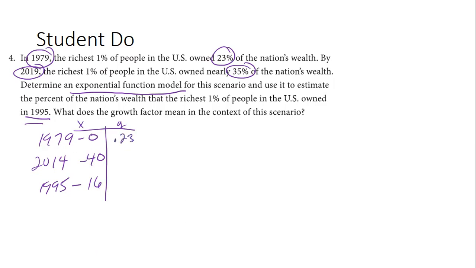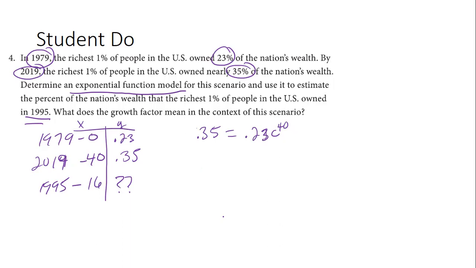So we had 0.23, we had 0.35. Based on what we see here, should we be expecting a growth or a decay? We should be expecting a growth, right? And we put a question mark for 1995 because that's what we're trying to find. So we are going to plug in what we know. 0.35 equals 0.23 c to the 40.